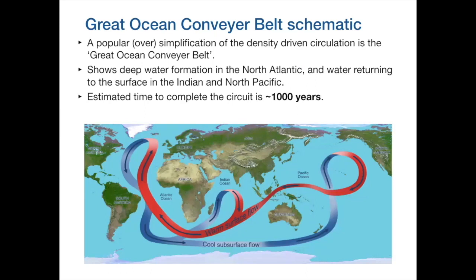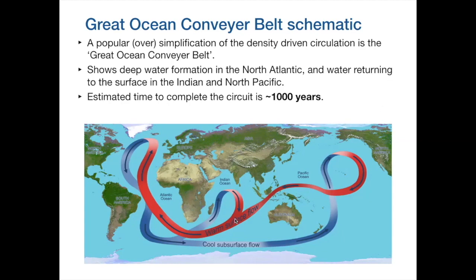There are a number of schematics of what this deep ocean circulation looks like. A popular one, which is a gross oversimplification, but it does get across some of the key points, is what's known as the Great Ocean Conveyor Belt. In this case, it's North Atlantic centric.